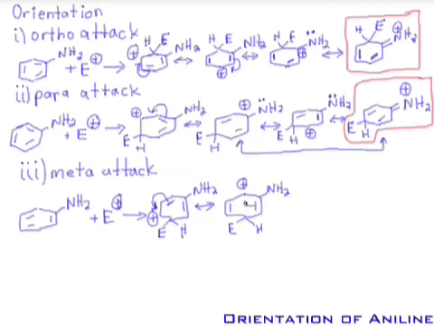And then I can move this plus here. Notice I'm moving the pi electrons towards the positive charge. They're attracted to the positive charge, which causes the positive to shift position, because when you move the pi electrons, you're taking electrons away from a carbon.